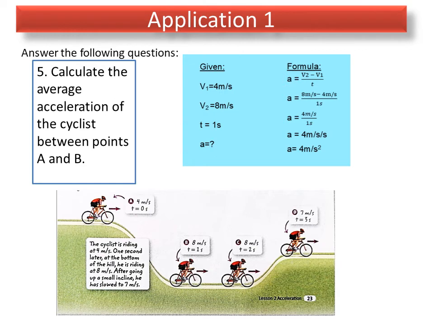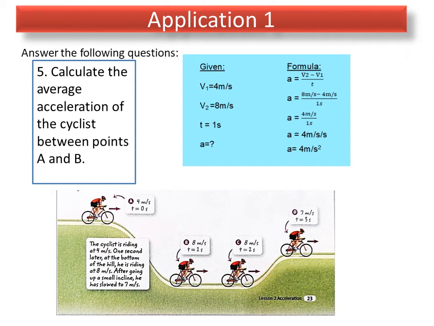So acceleration is 8 meters per second minus 4 meters per second over 1 second. So it will be 4 meters per second over 1 second per second. Usually we say it meters per second squared.